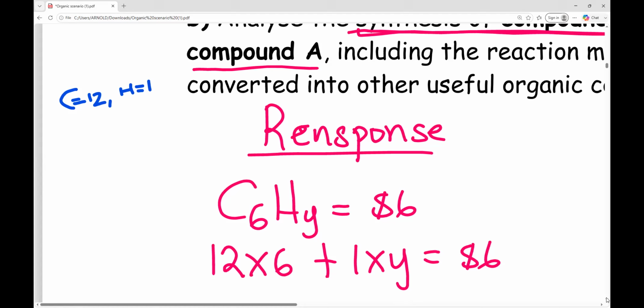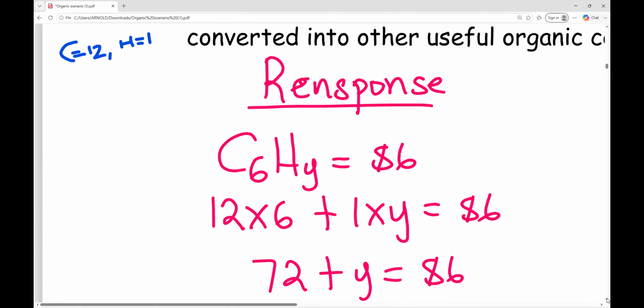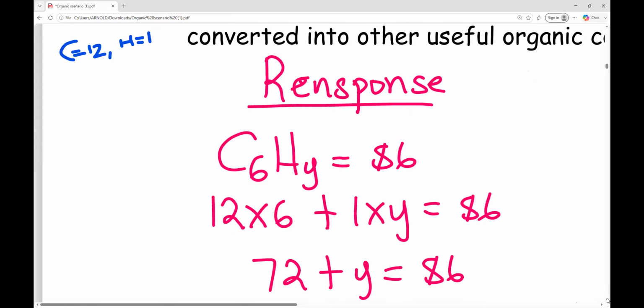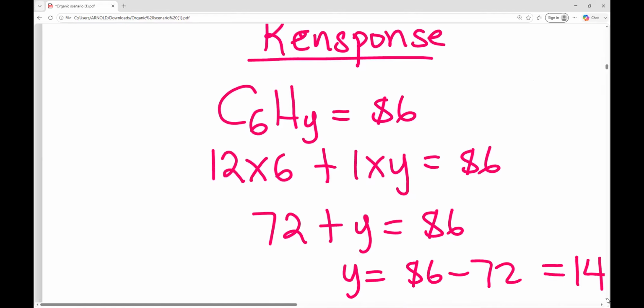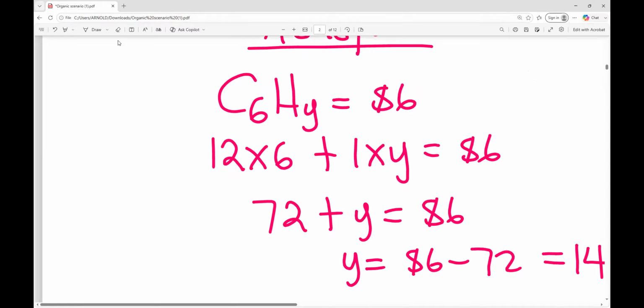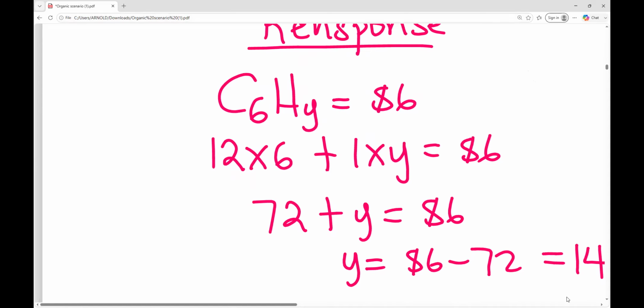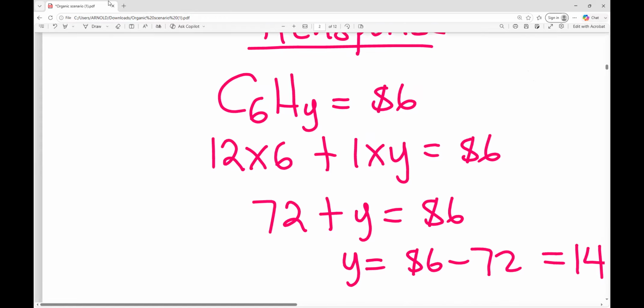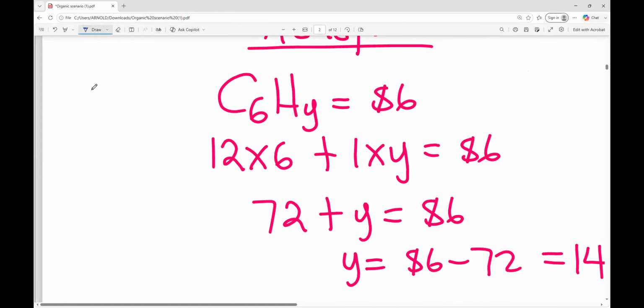I'll solve for the value of Y. 12 times 6 gives 72, plus Y equals 86. Then making Y the subject, I have Y equals 86 minus 72. If I take this 72 the other side, it gives 14.